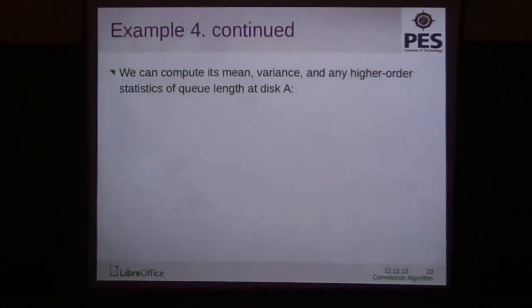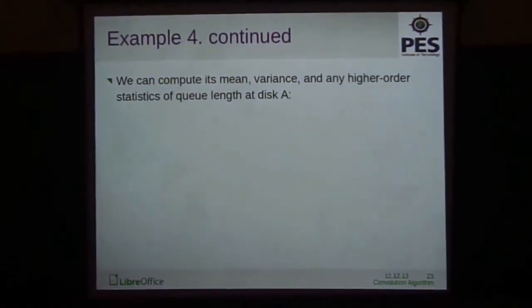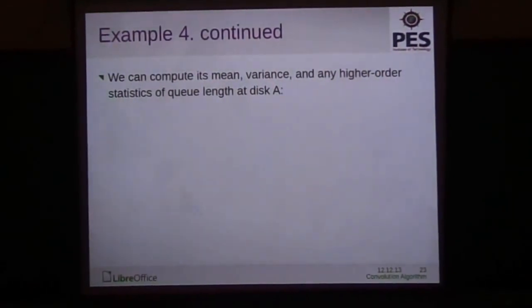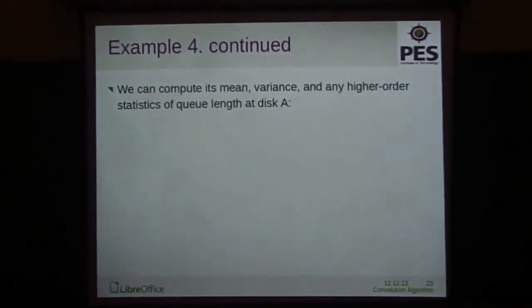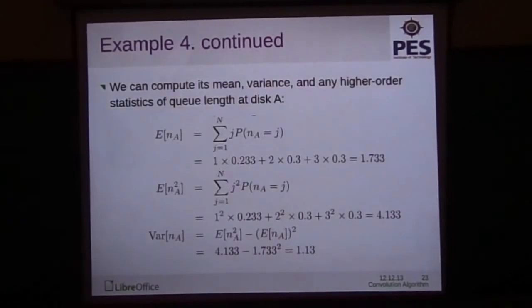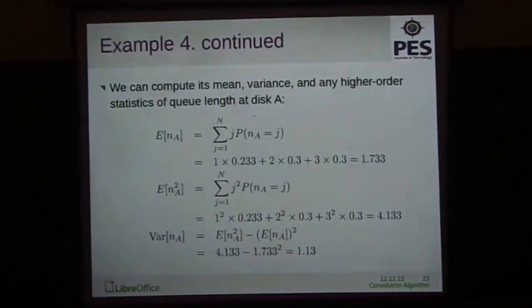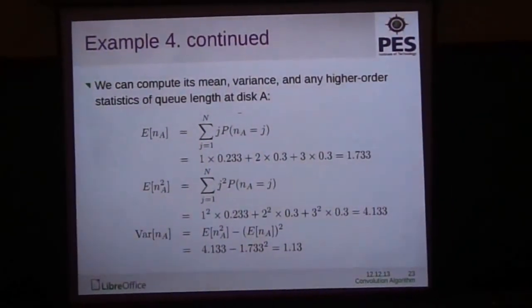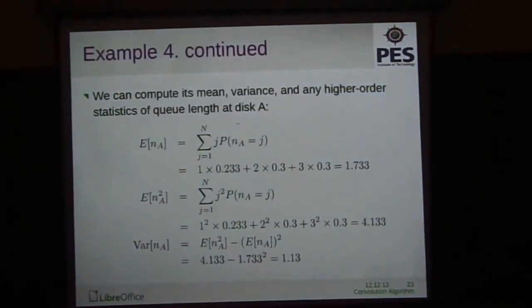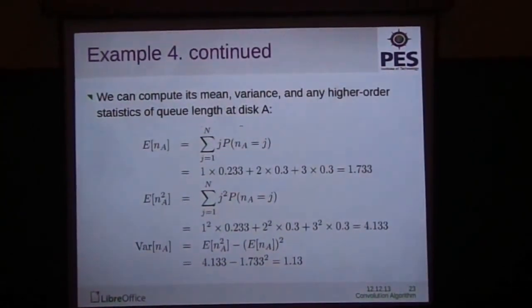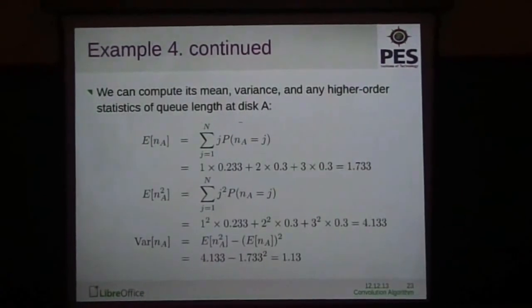Now that we have a complete distribution of Q length at disk A, we can compute its mean, variance and any higher order statistics, where E of Na equals summation of j equals 1 to n of j into P of Na equals j, which comes to 1.733.